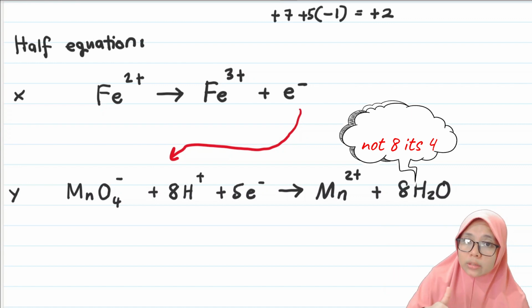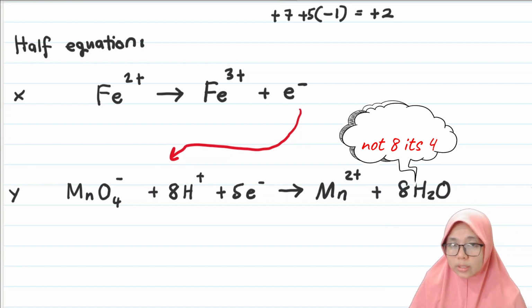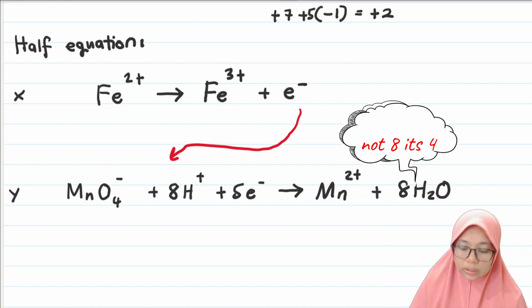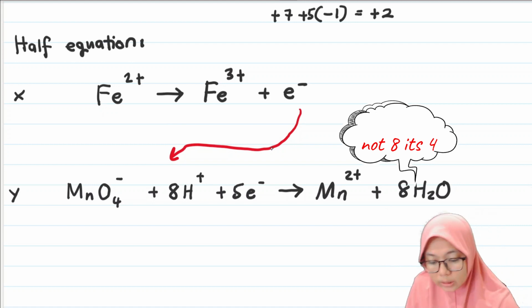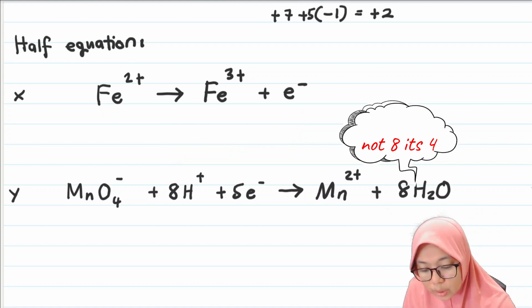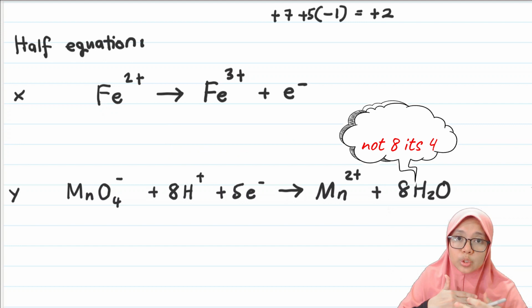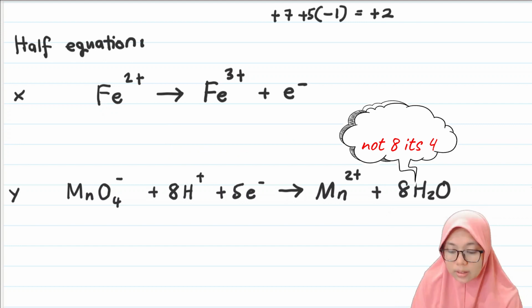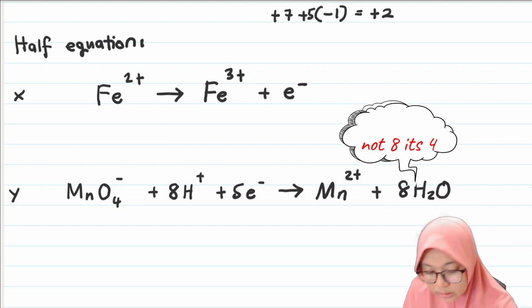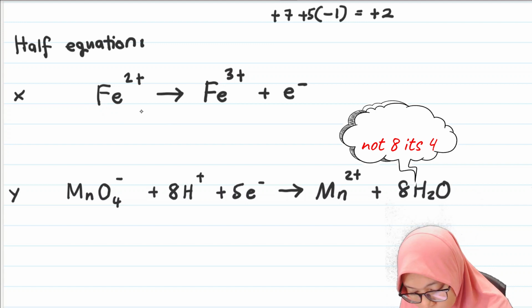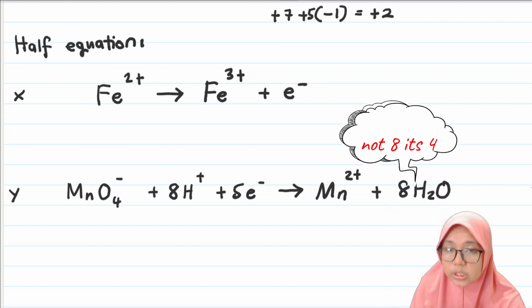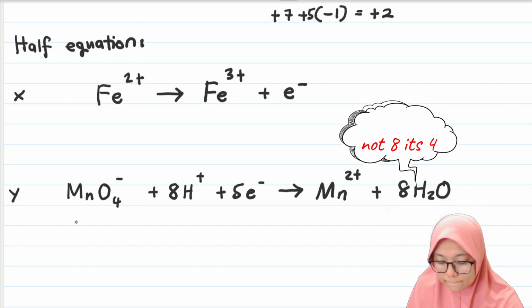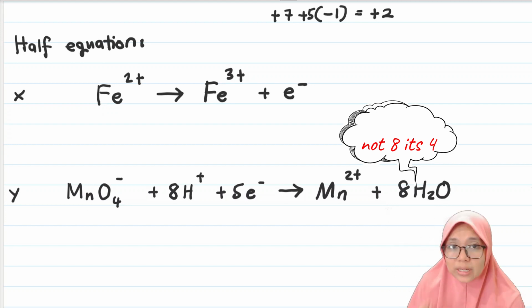There is loss of electron, there is gain. There is a gain of electron. So that is the redox reaction. So how do we combine these two half equations to make it an ionic equation? You have to form the full ionic equation. As you can see here, one iron 2 plus will release 1 electron, but one manganese ion will accept 5 electrons.